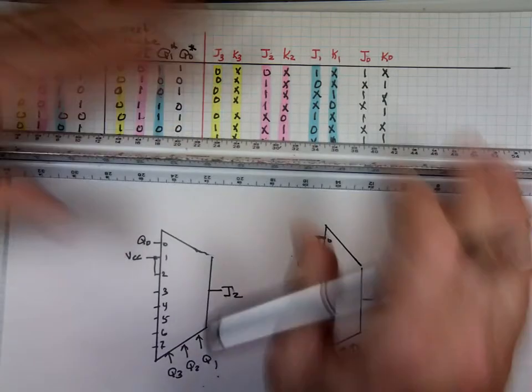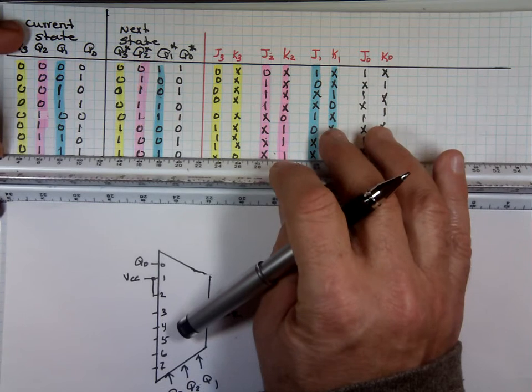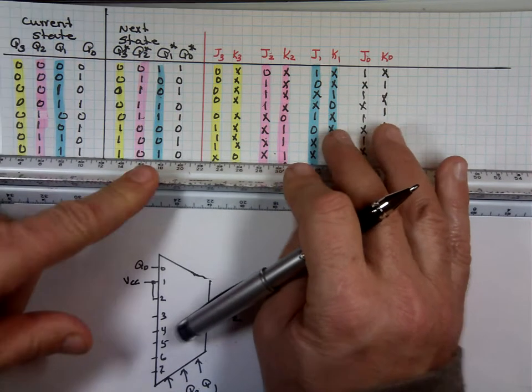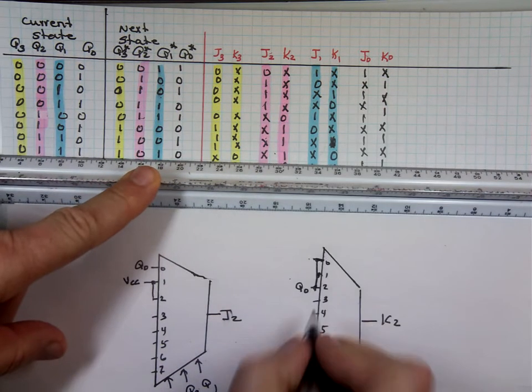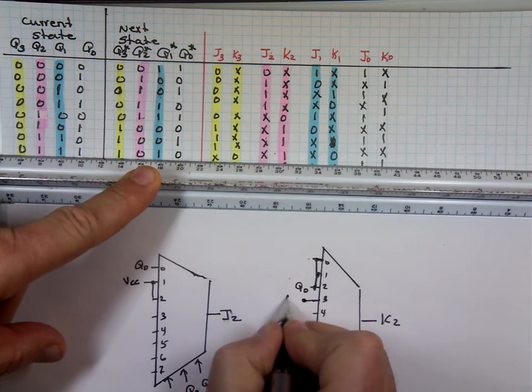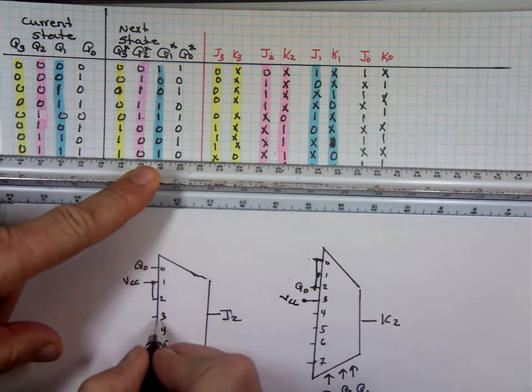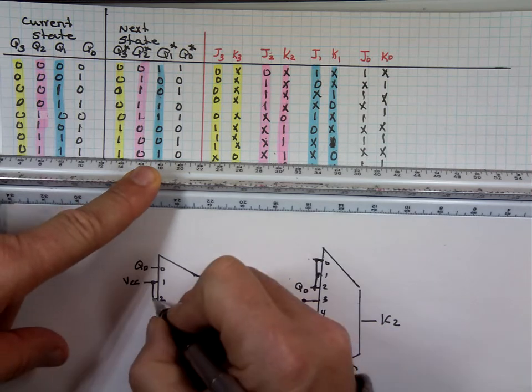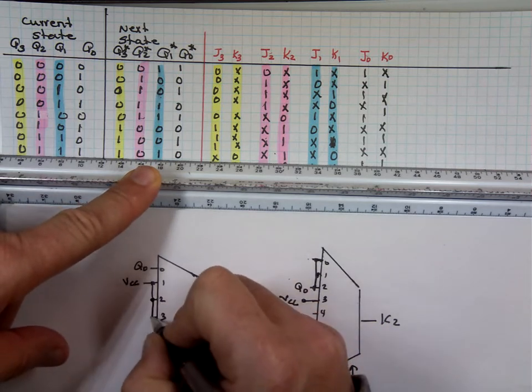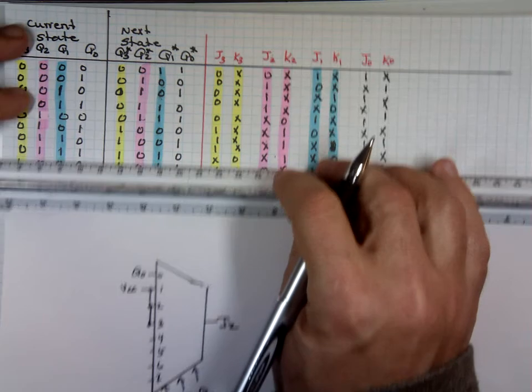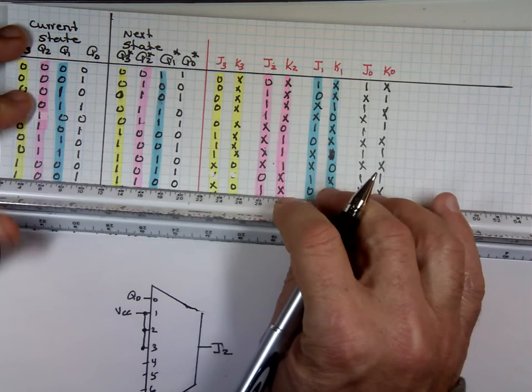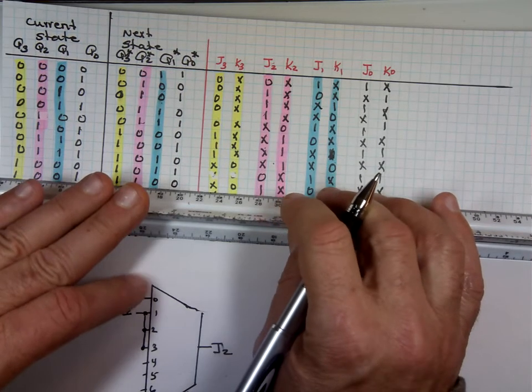Now, 0, 1, 1. VCC and don't care. Since you don't care, you get VCC here attached to it. 1, 0, 0. Don't care, and what do we have here?